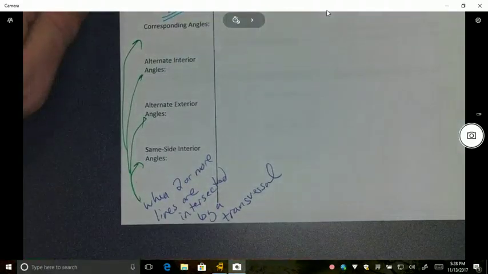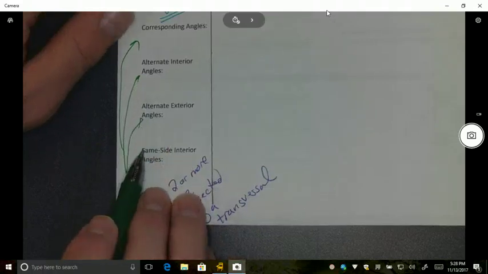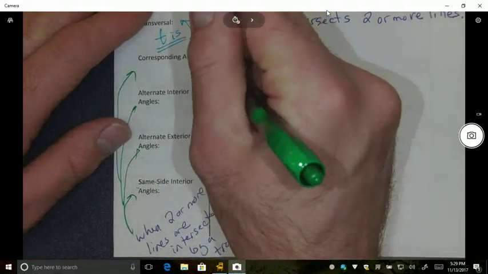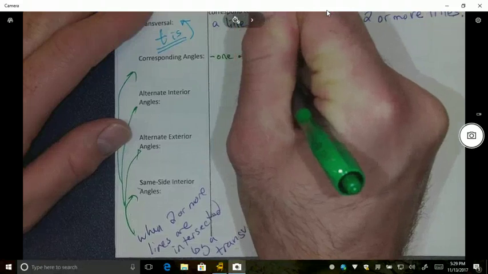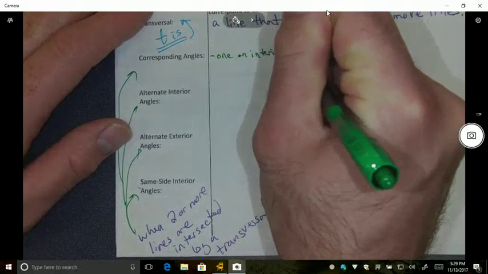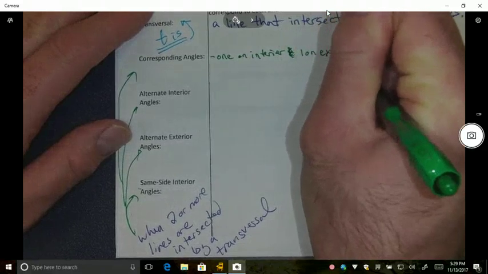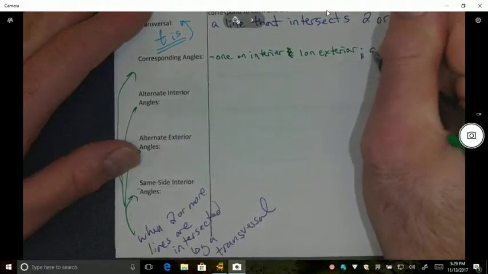All four of those: corresponding, alternate interior, alternate exterior, and same side interior. Corresponding angles are ones that when you look at them, you'll have one on the interior, and one on the exterior, and they'll be on the same side of the transversal.